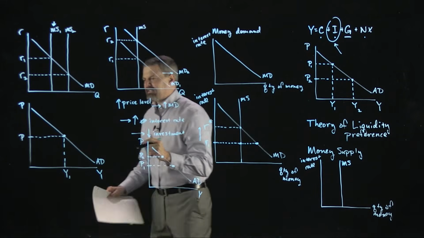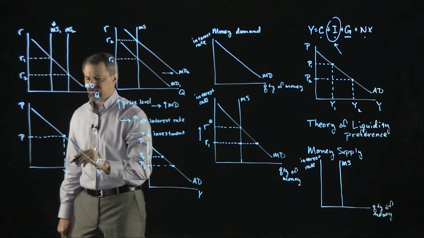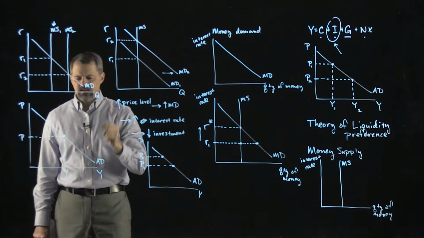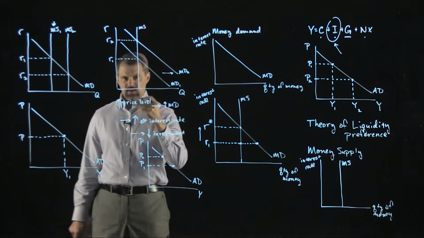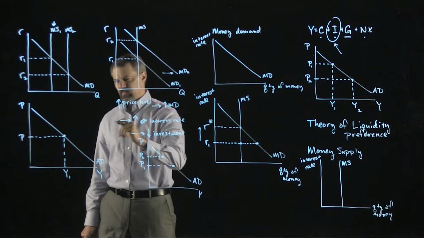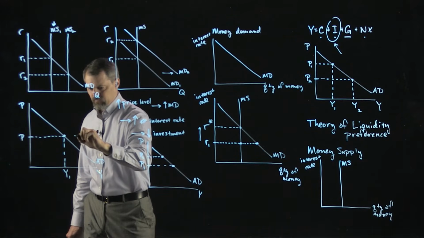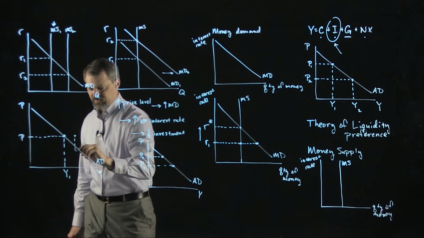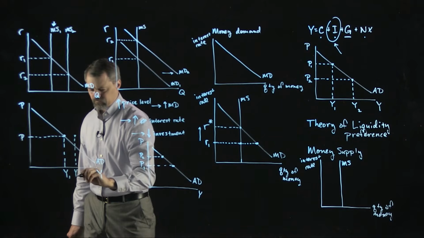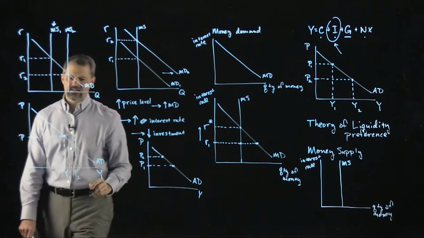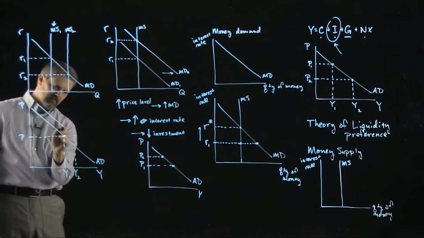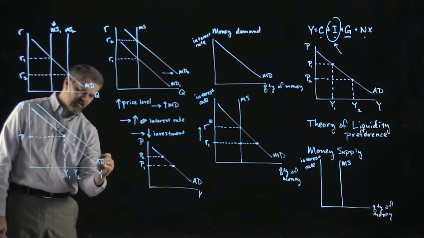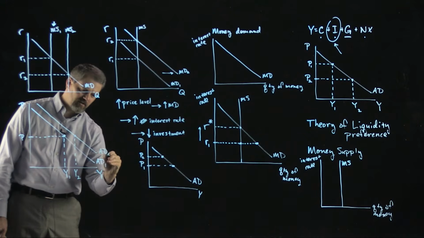And so at that price level, which we have not changed, instead of there being Y1 level of GDP, there's going to be more goods and services bought because investment goes up. It's going to go up to, let's say, Y2. What that means is that the entire aggregate demand curve has shifted to the right, from aggregate demand 1 to aggregate demand 2.